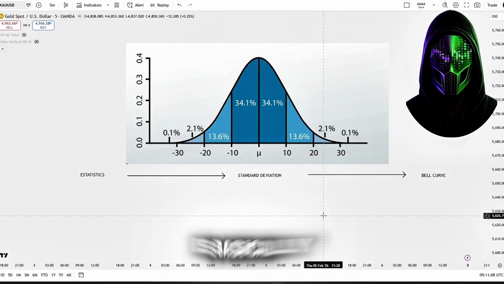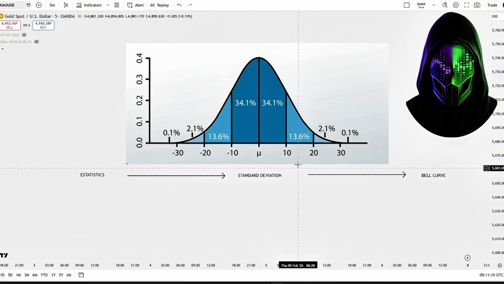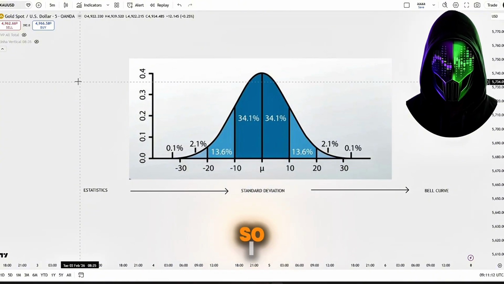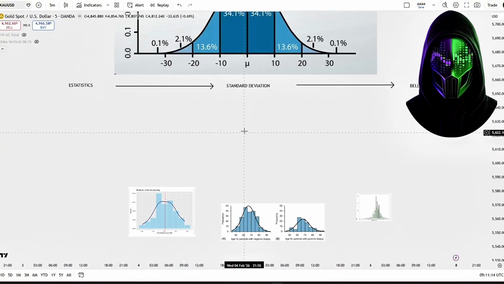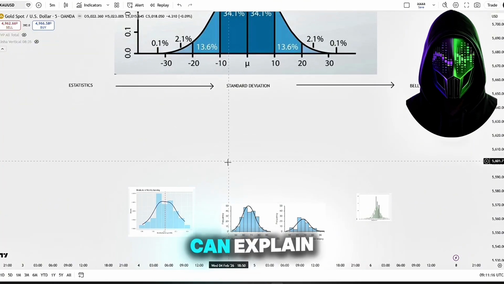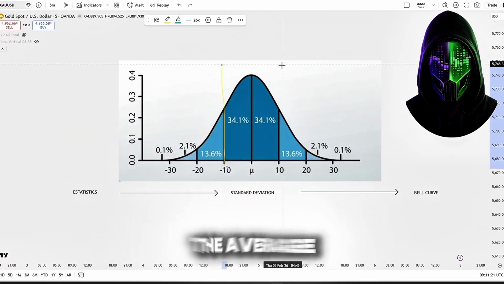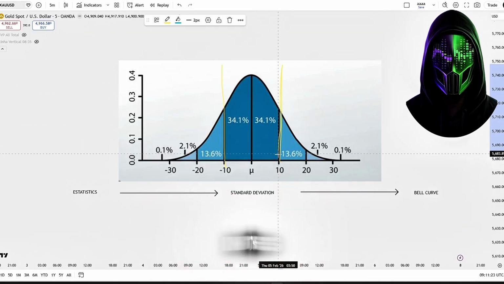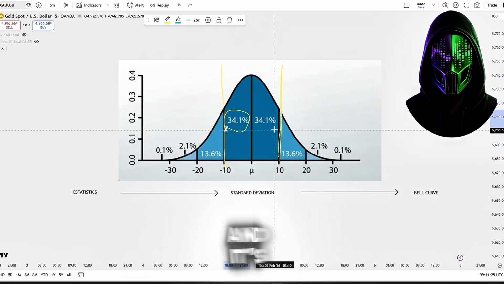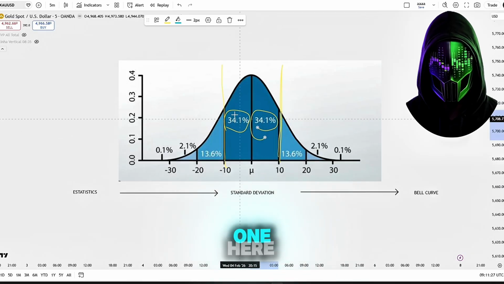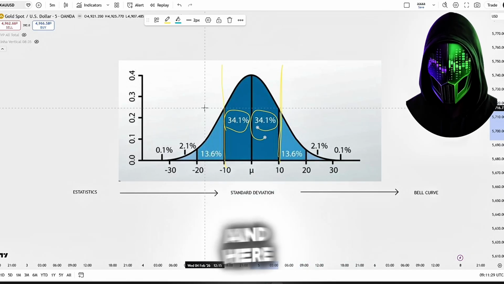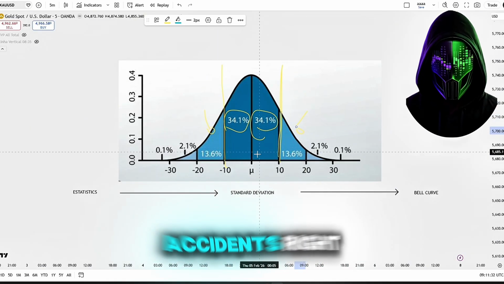This is basically the average of something. I have some research right here that I think can explain it better, but in general we have the average of something right in the middle, and here we have the outliers, right?